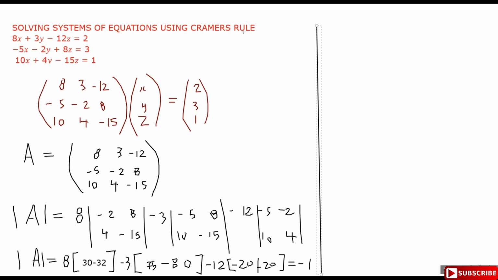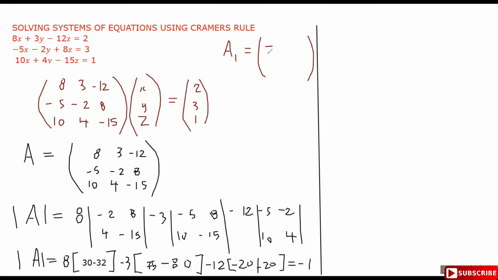Now then, we're going to write down a new matrix. A new matrix A1. Wherever we have all the x coefficients, we're going to replace it with the result coefficients. So we're going to replace 8, minus 5, and 10 in the matrix A with 2, 3, 1.